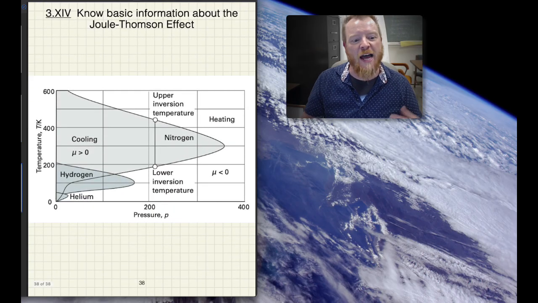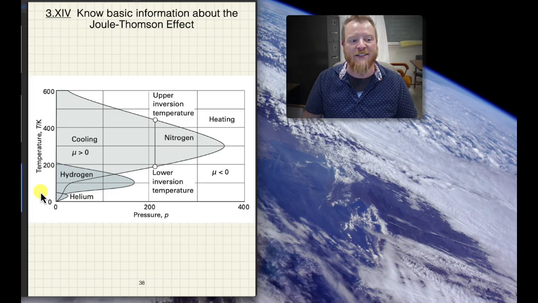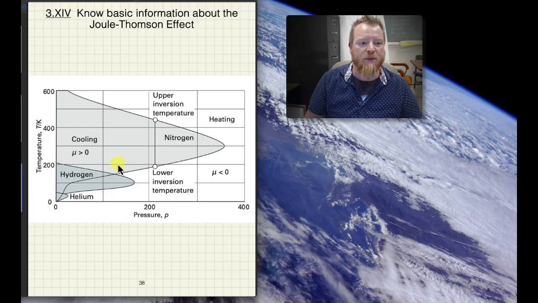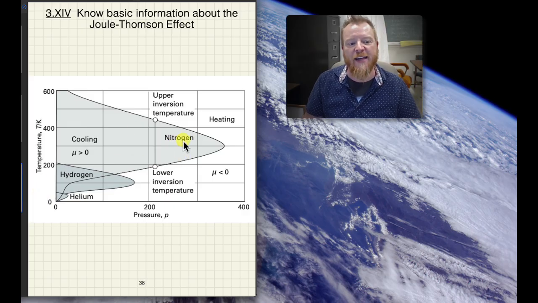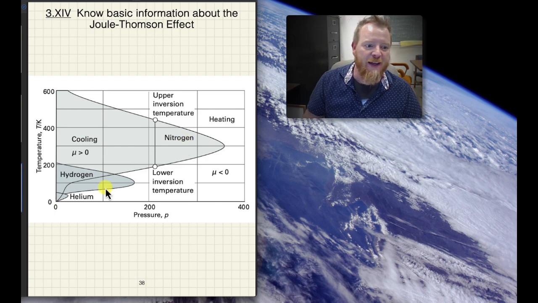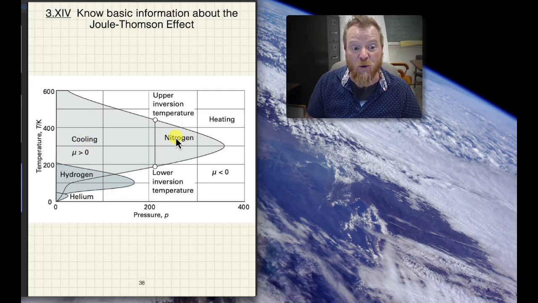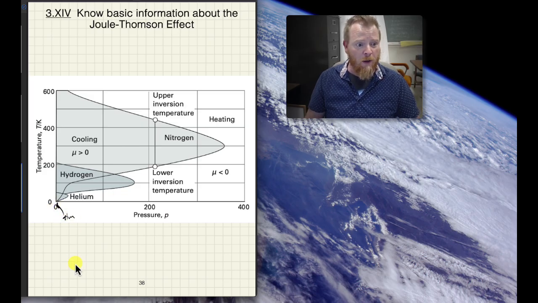Well, as it turns out, there is a range, or like a phase diagram, where gases can cool and expand. So for example, let's look at nitrogen right here. In this shaded region is the temperature pressure area for which we expect there to be cooling for nitrogen. And so on this scale, we're about right here for atmospheric pressure.